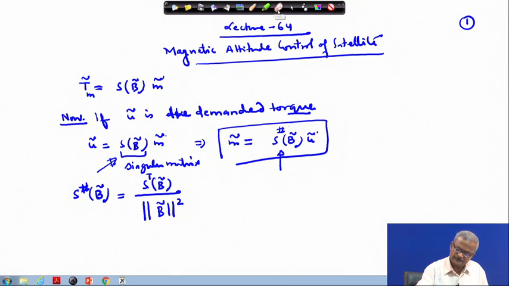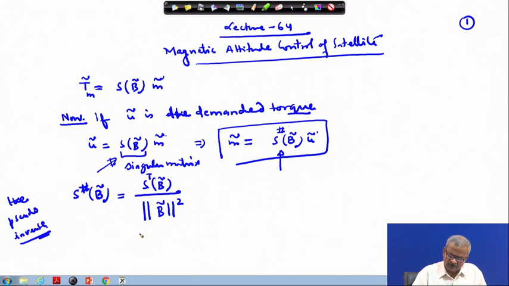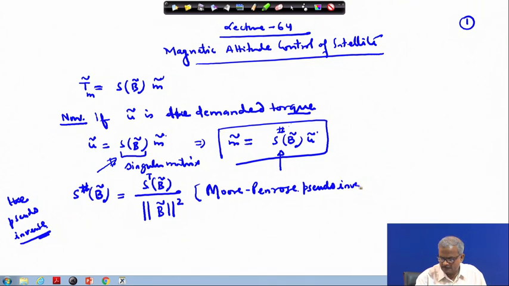The pseudo inverse is called the Moore-Penrose. So, for a singular matrix you can do this operation.